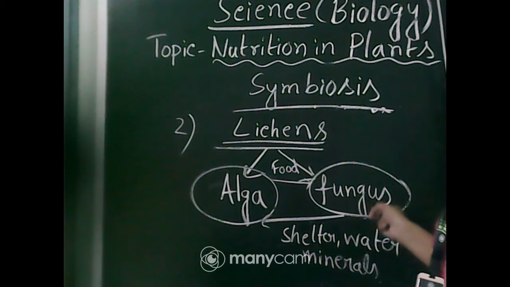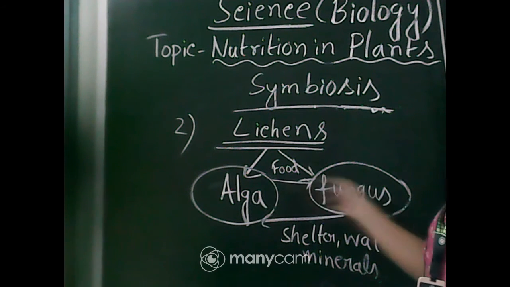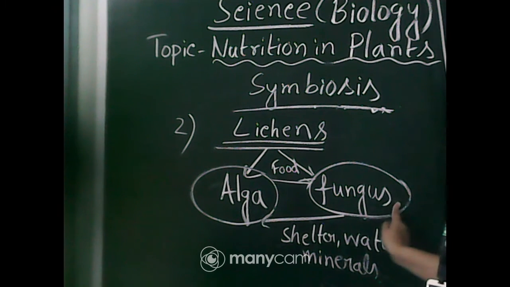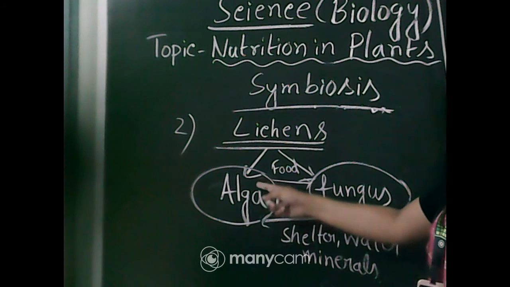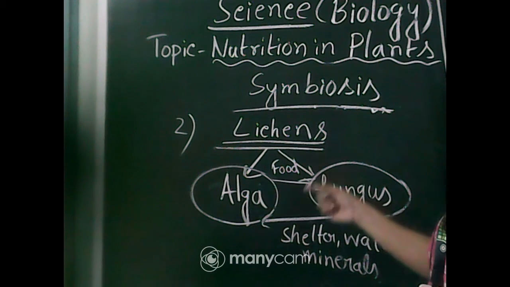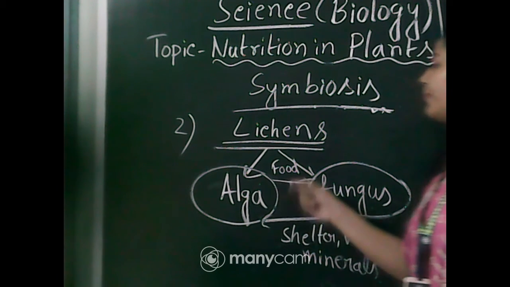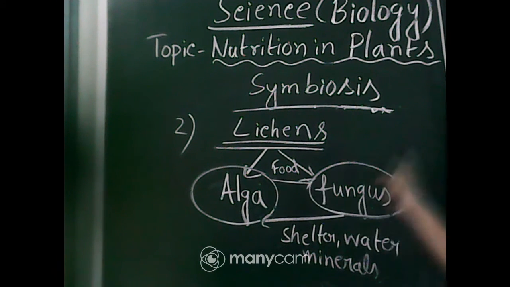They are in a mutual, symbiotic relationship. Fungus provides shelter, water and minerals to the alga. In return, alga prepares food by photosynthesis and provides it to the fungus.